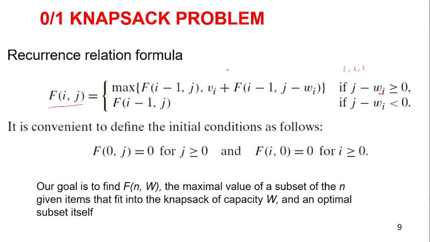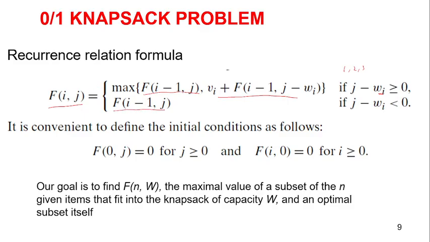If the current weight minus the weight of the current item is greater than or equal to 0, then the maximum of these two values will be assigned to f of i comma j: the previous row value, i minus 1, where i represents the row, and vi, the value of the item i, plus the previous row value at the column calculated by this formula. If j minus wi is less than 0, the previous value will be assigned to f of i comma j.